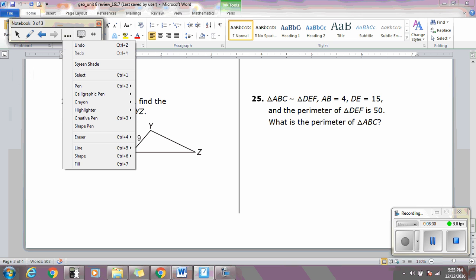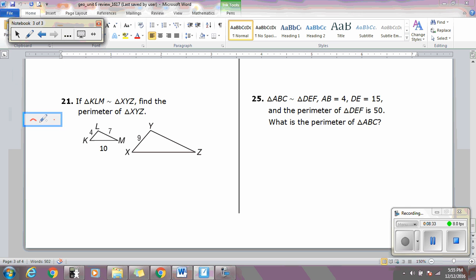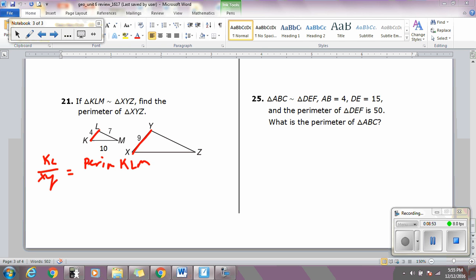So in other words, I know that KL is proportional to XY, and then the perimeter of KLM is going to be proportional to the perimeter of XYZ.